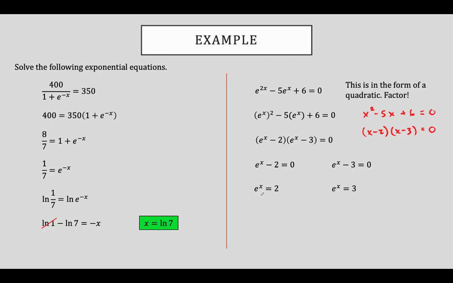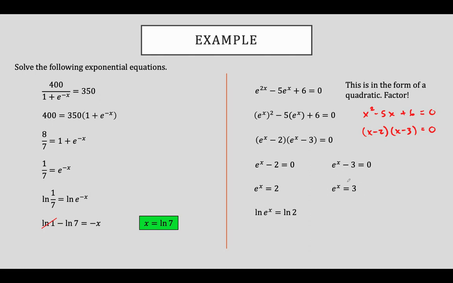Now to solve, I need to undo this exponentiation. What's the inverse operation of exponentiation? That would be logging. I'm going to take the natural log of both sides. The natural log of e to the x is equal to the natural log of 2, giving me x is equal to the natural log of 2 here.